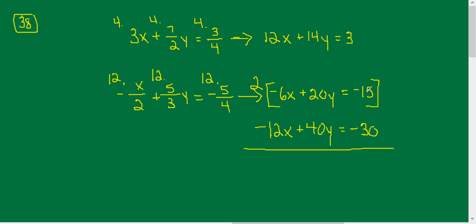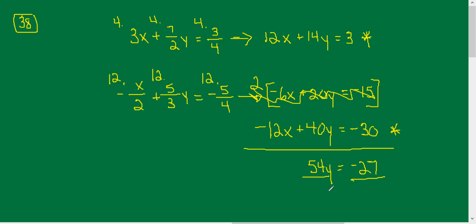So this guy here is gone, and I'm concentrating on this bottom equation and the top one to combine vertically. You can scratch it out sometime too if it's bugging you. So 12x minus 12x is 0. 14y and 40y is 54y. That equals 3 minus 30, which is negative 27.